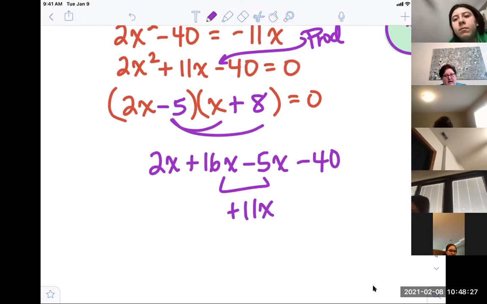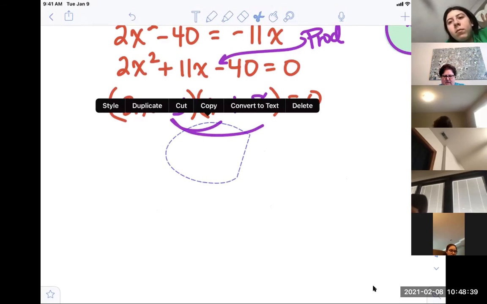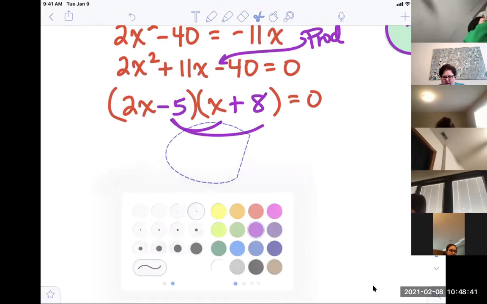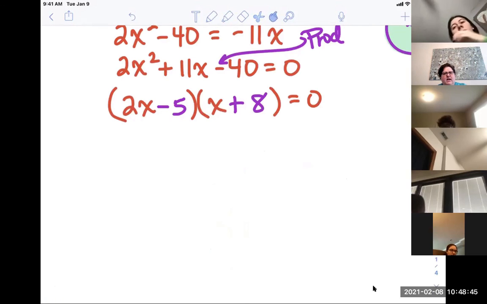Now, again, if you got a negative 11x there instead, then that just meant that your signs here were incorrect. So just switch them around. Okay. There are some algorithms you can use to do the problems where you have a leading coefficient.